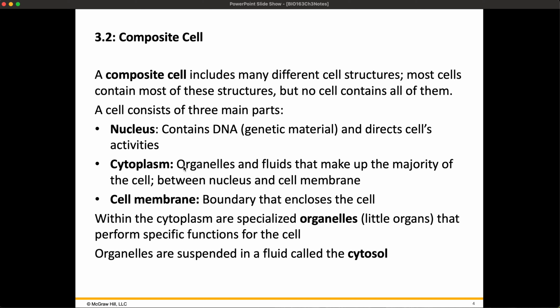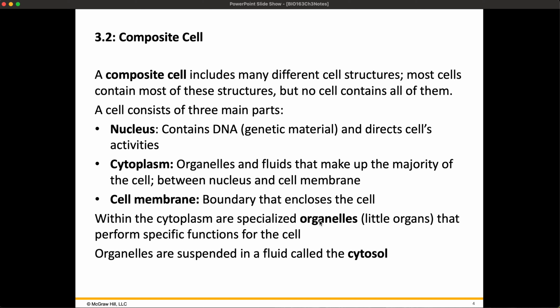If we were talking about the cytosol, that would just be the fluid, but the cytoplasm is the fluid and the organelles. And then the cell membrane, that's the boundary that covers the cell. These are eukaryotic cells. Animal cells do not have a cell wall like a plant cell would. They have the cell membrane that allows movement in and out of the cell.